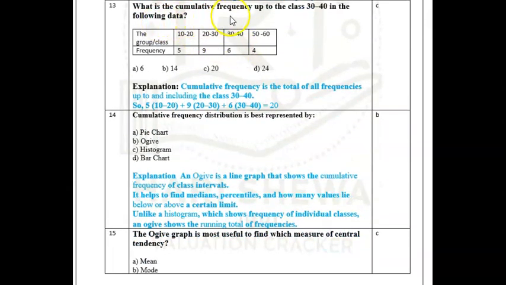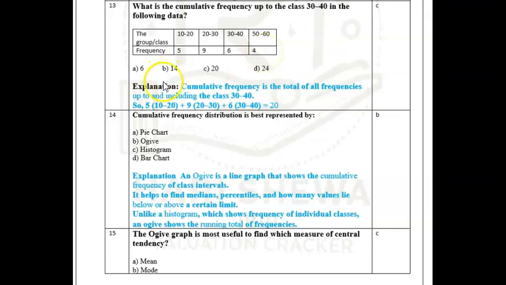Question 13: What is the cumulative frequency up to class 30 to 40 in the following data? 10 to 20 class frequency 5, 20 to 30 class 9, 30 to 40 class frequency 6, 50 to 60.